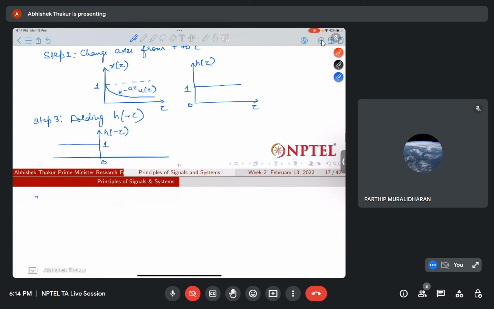Now step 4 is the shifting, where we have to find h t minus tau. We have to shift h minus tau by t units.